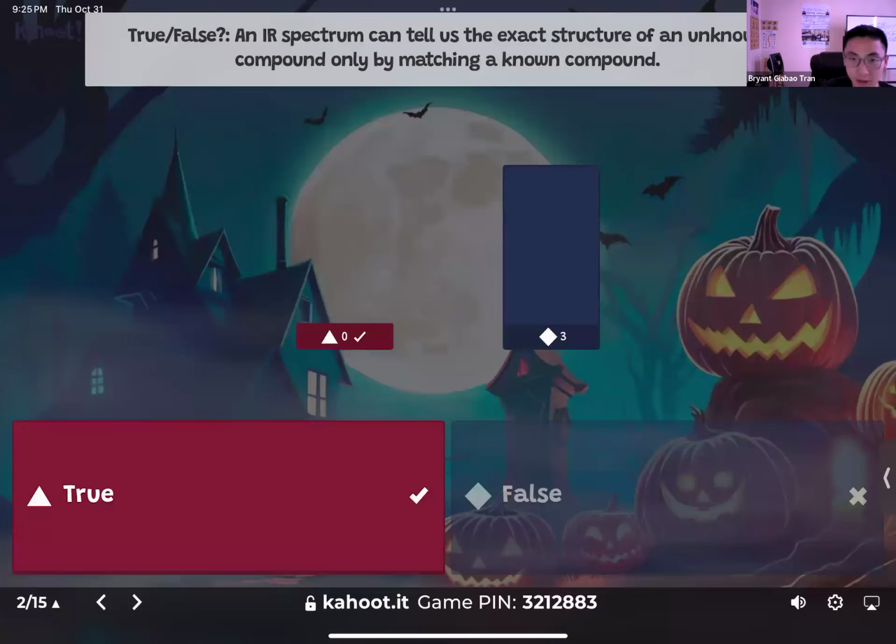So if let's say you have an unknown compound, you have no idea what it is, and then you have another compound that you know, and you know what the IR is for that known compound. If you put that unknown compound through the IR, and that IR is exactly the same as the IR of the known compound, then that unknown compound is going to be that known compound. Right? Did that make sense?